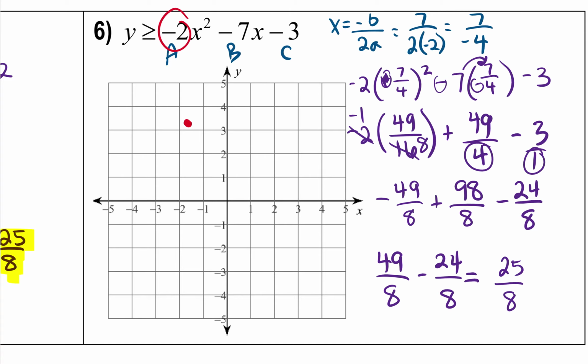So I go over 1, I go down 1 times 2, so 2. Same on both sides. Then I go over 2, and I go down 4 times 2, which is 8. So 1, 2, 3, 4, 5, 6, 7, way down here. And the same thing on the other side.